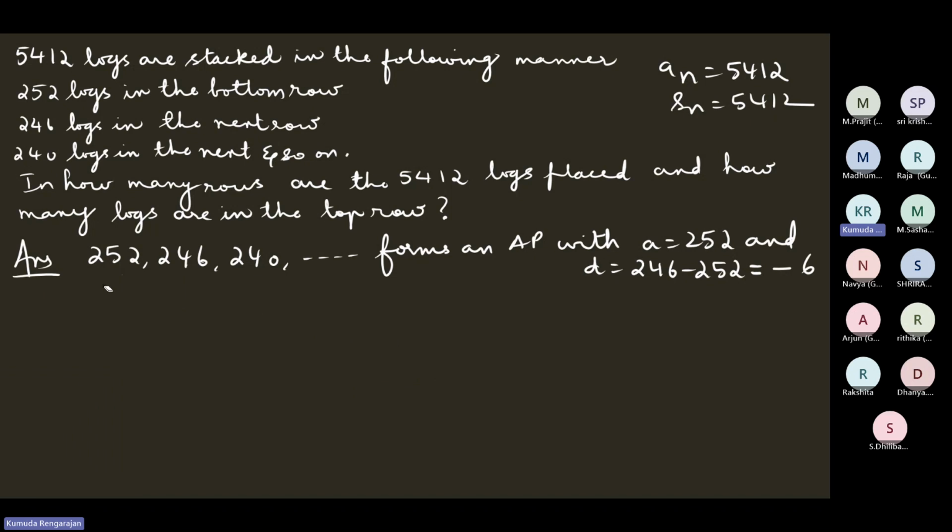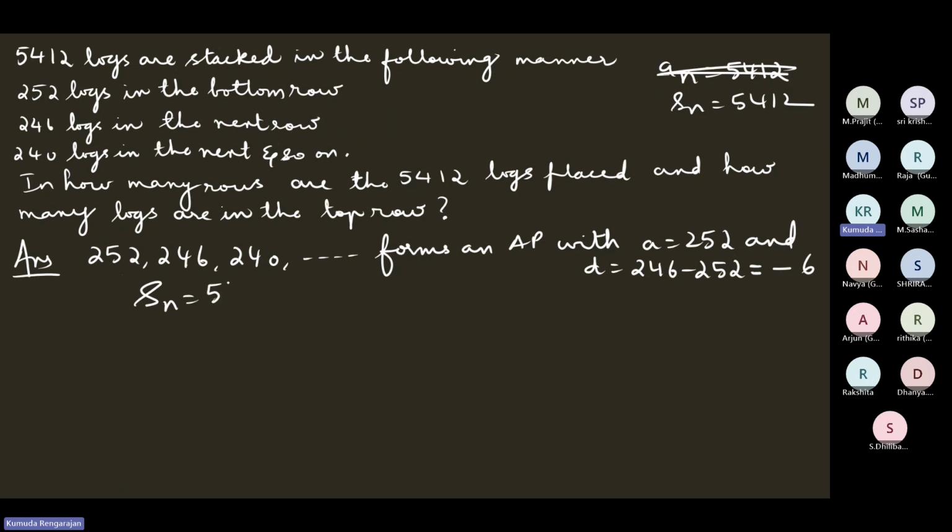Each term of the AP represents the number of logs in a particular row. Now is 5412 the number of logs placed in a particular row? No. That only is the total number of logs available to be placed in rows. So clearly Sn is 5412. That's the condition you have to work with.